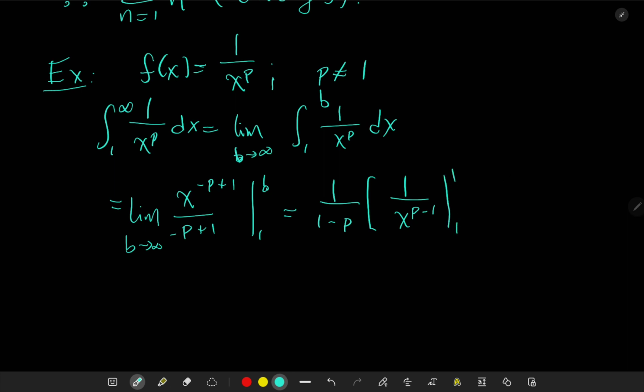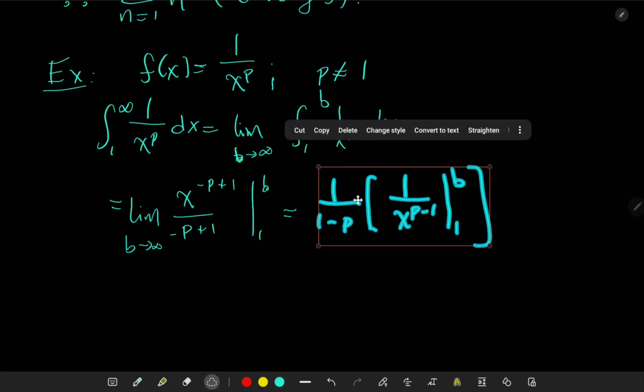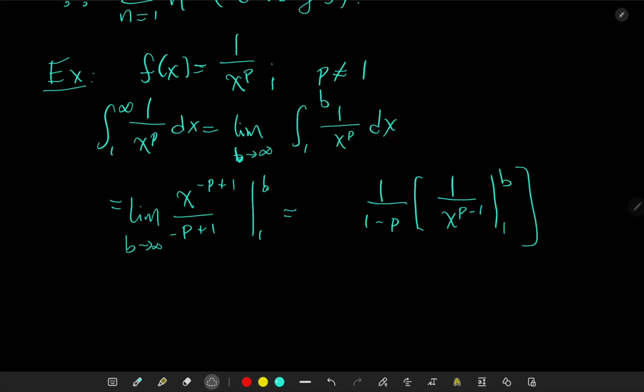Evaluated between 1 and b, and I did not leave myself room for the limit. You cannot do this on the exam, so be mindful to write your limit as b goes to infinity.